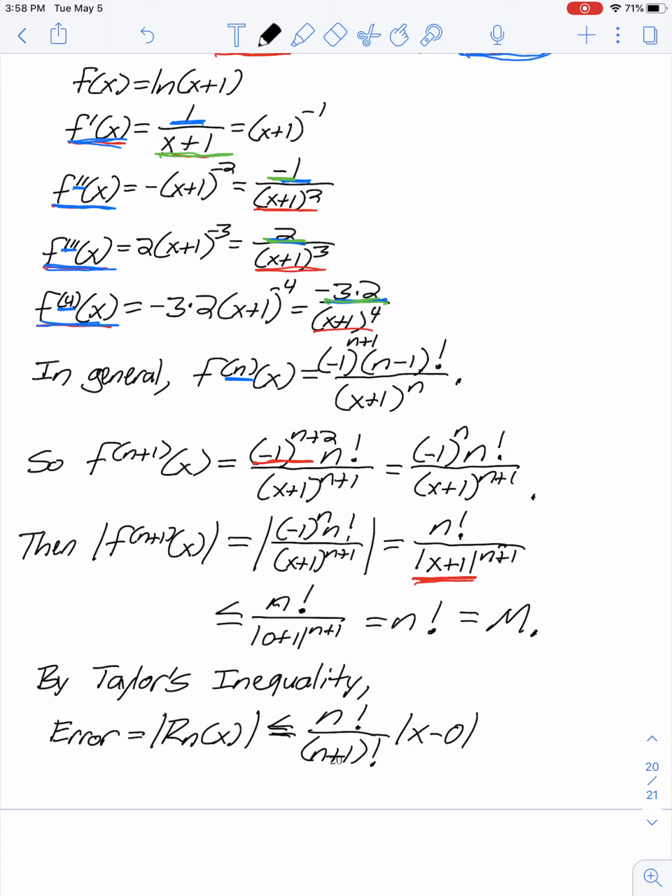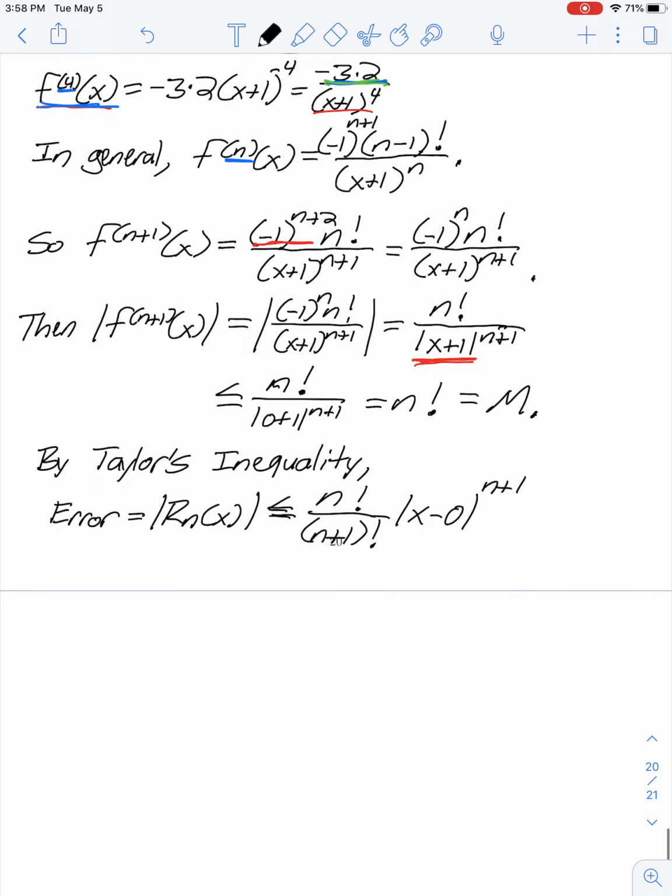In this case, we were told we were centering at 0, so x minus 0 to the n plus 1 power. So simplifying this expression, n factorial divided by n plus 1 factorial leaves us 1 over n plus 1, and then we're multiplying by the absolute value of x to the n plus 1 power.